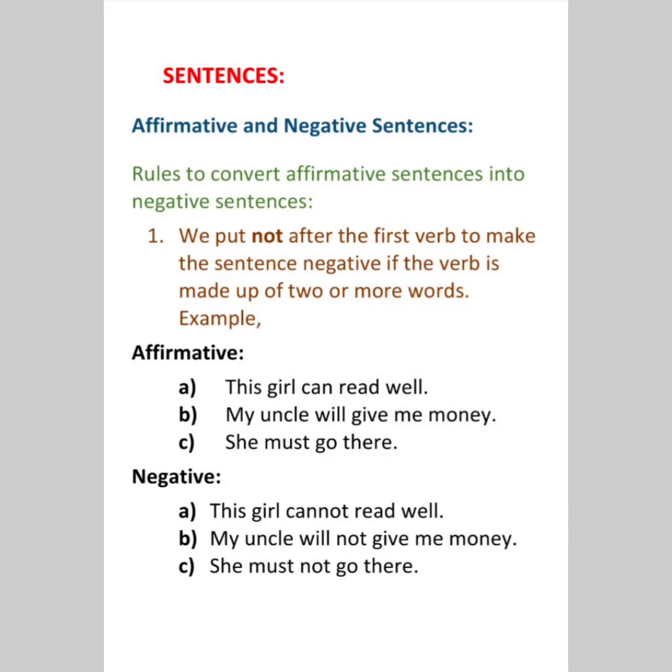If the verb is made up of two or more words, example: this girl can read well. My uncle will give me money. She must go there. In negative sentences: this girl cannot read well. My uncle will not give me money. She must not go there.